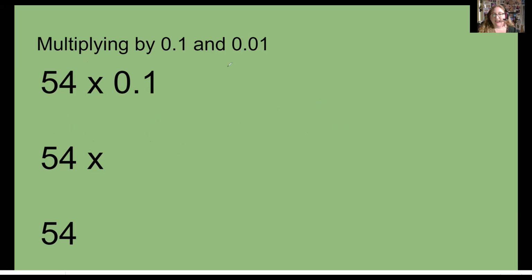Okay, so basically, when you multiply by a tenth, it's the same thing as dividing by 10. And when you multiply by 100th, it's the same as dividing by 100. Let's try it again. How about if we do 54 times 100th? Well, that's the same as 54 divided by 100.